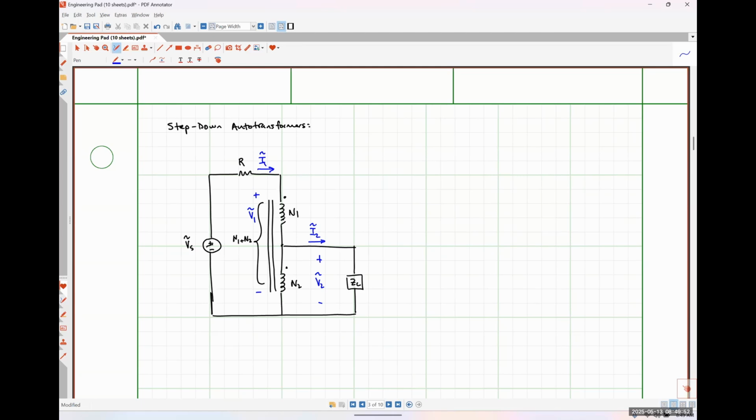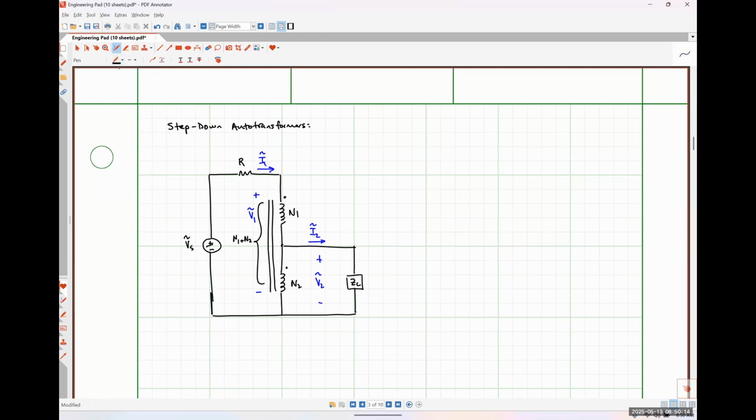So we could suffer through all of that math again, or we could think about this for 2 seconds. So how do you think this guy is going to behave? Literally the exact opposite of the example that we just worked, because we're just replacing V1 with V2 and vice versa.